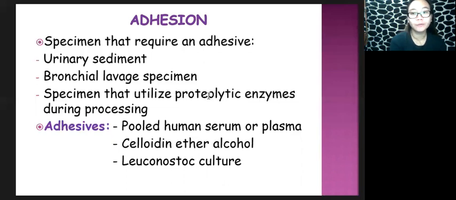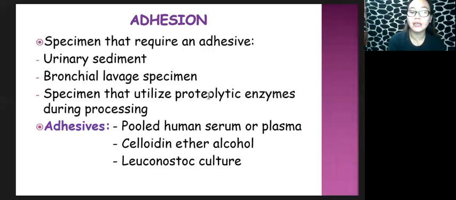So to ensure that your smears properly adhere to your glass slides, we should perform the adhesion step. What are the different specimens which would require adhesion? Number one, we have your urinary sediments, your bronchial lavage specimen, and specimens that utilize proteolytic enzymes during processing. Why? Because again, they will be washed out, especially during staining, if you do not perform your adhesion technique.